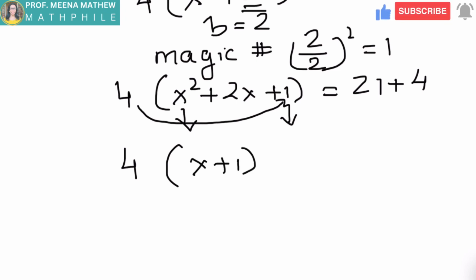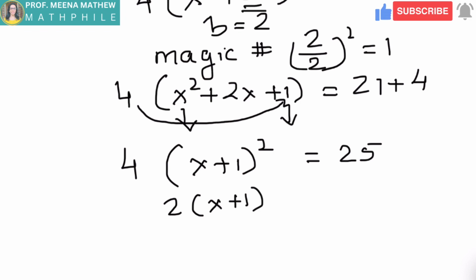So (x plus 1) to the power 2 equals 21 plus 4 is 25. Then take the square root both sides. 2 times (x plus 1) equals positive or negative 5.